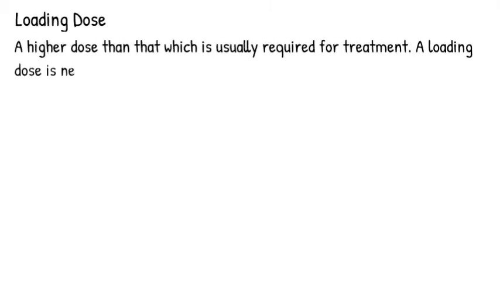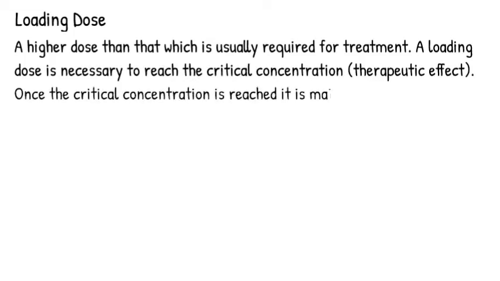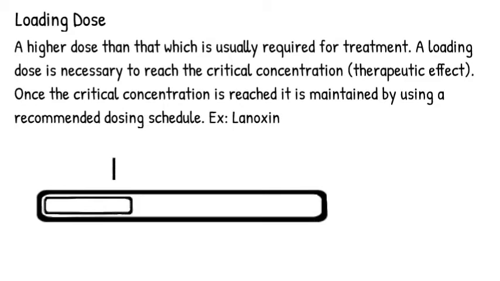Now we're going to move on from half-life to loading doses. A loading dose of a medication is given when you want to reach a therapeutic level quickly. For example, we're going to give Lanoxin for a patient who has an elevated heart rate.